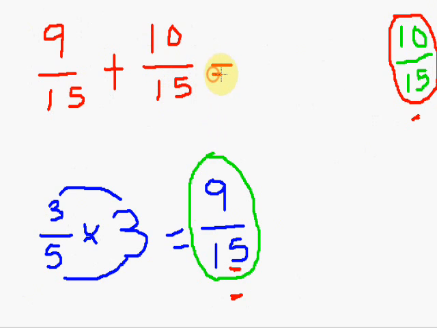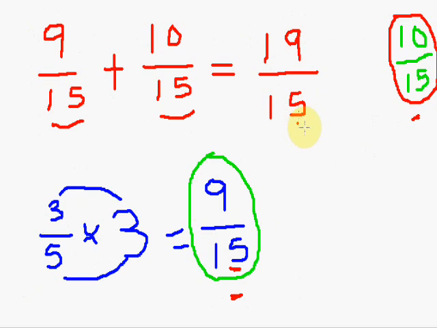Again, 15 is a common denominator, so we can write 15 as our denominator for our answer, and we're going to simply add the two numerators at the top. So 10 and 9 is 19, 19 over 15.